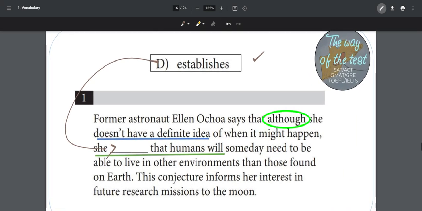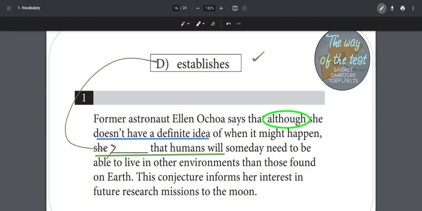So, former astronaut Ellen Ochoa says that although she doesn't have a definite idea of when it might happen, she establishes that humans will someday need to be able to live in other environments than those found on Earth. But here's the thing. When we say establishes, it's too strong a contrast with having a definite idea, which means that although it's showing a contrast, it cannot show a direct or complete contradiction.